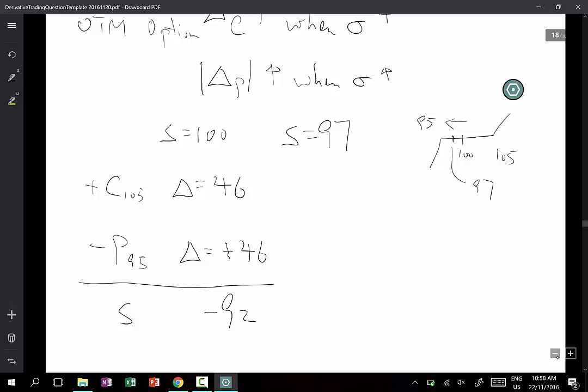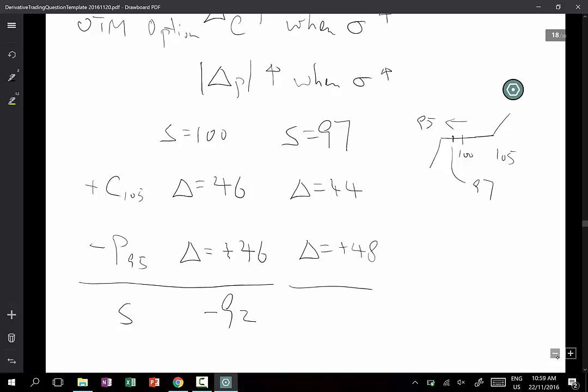Now first of all, your call delta will go down to, let's just say 44. It doesn't matter, I'm just making up these numbers so it's easier to talk. Your put delta will go up. If you're long the put, let's say it now becomes minus 48, but because you are short the put, it's plus 48.